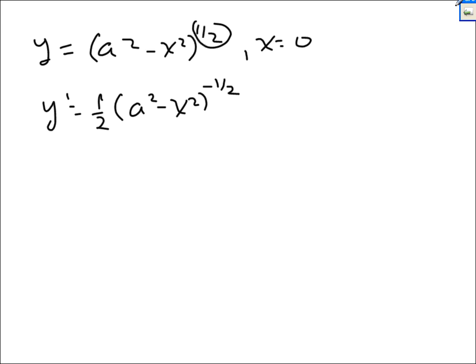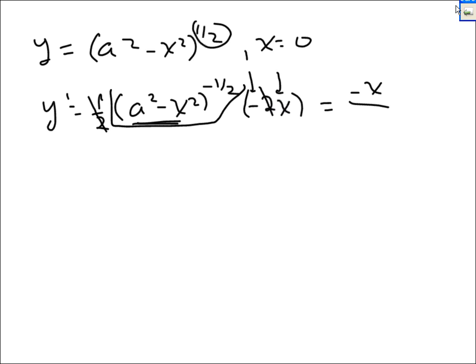A half take away 1 is -1/2. Then you multiply by the derivative of what's inside, which is -2x. Half times 2, that vanishes. What stays is the -x in the numerator, and this is in the numerator, but it has a negative exponent, so I'll put it in the denominator, and I'll change the sign of the exponent.